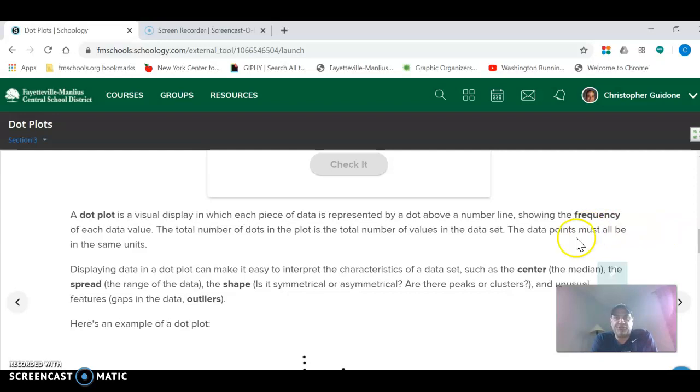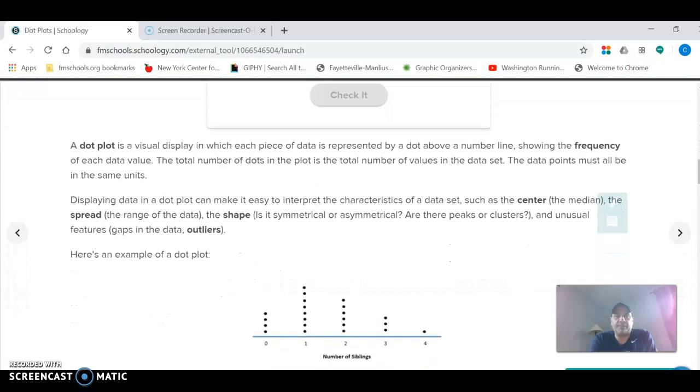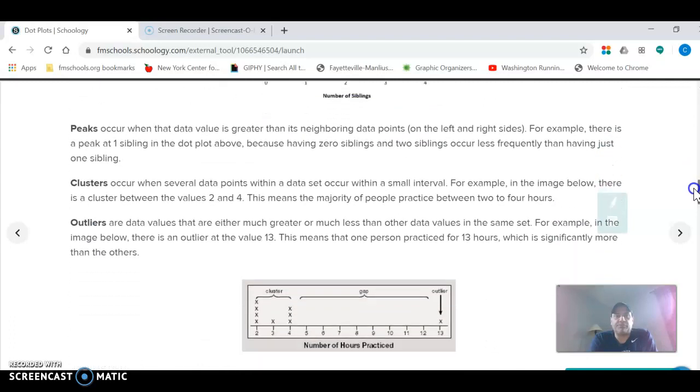Pay close attention to the center, median it's called, of the data, the spread, the shape, and especially any outliers. Okay. As I scroll down, there's going to be some definitions of those: peaks, what a cluster is, what an outlier is.